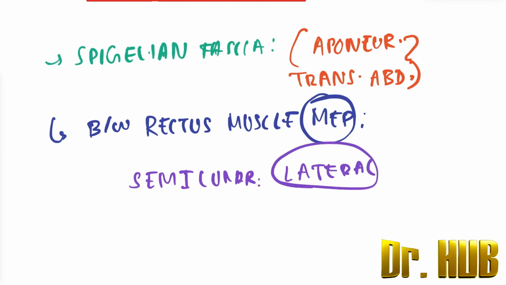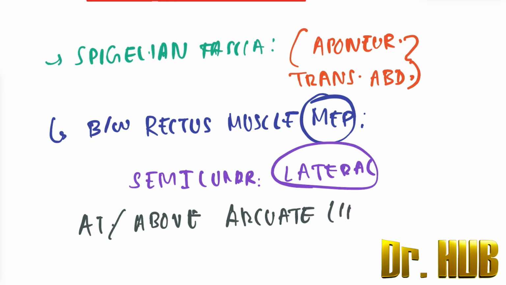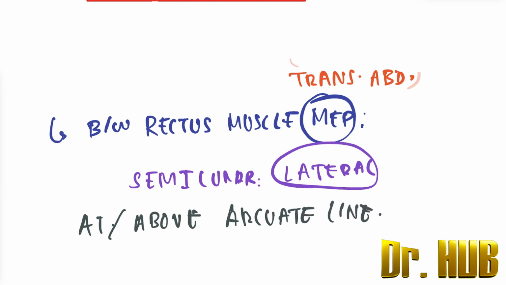So this can occur at or above the arcuate line. And often it is interparietal.